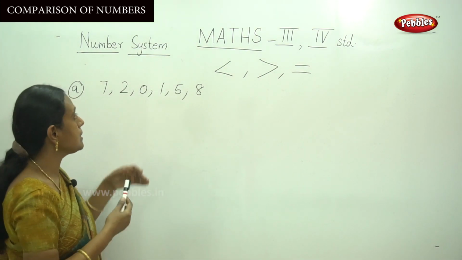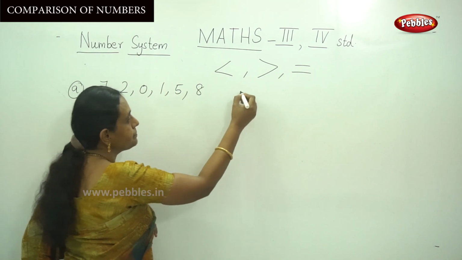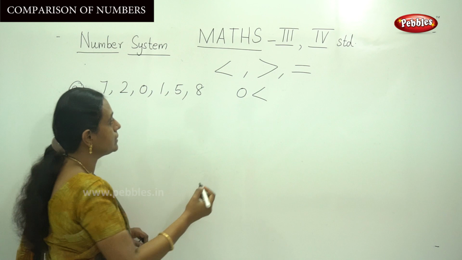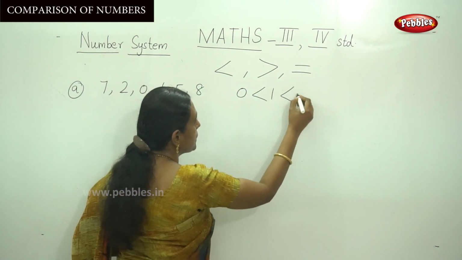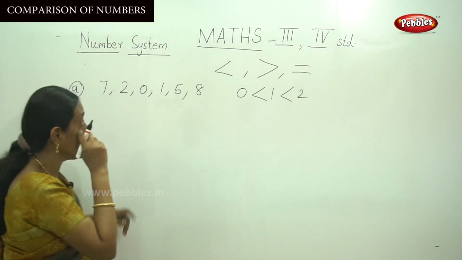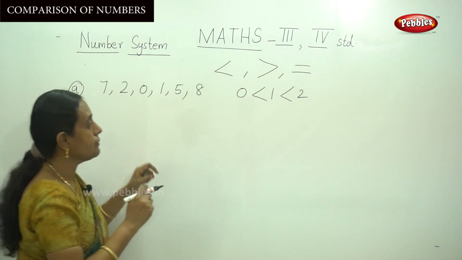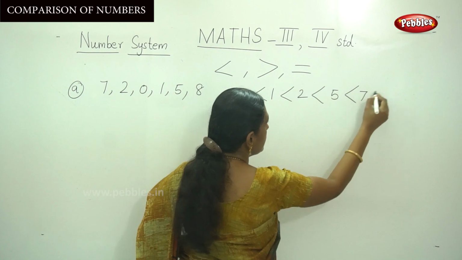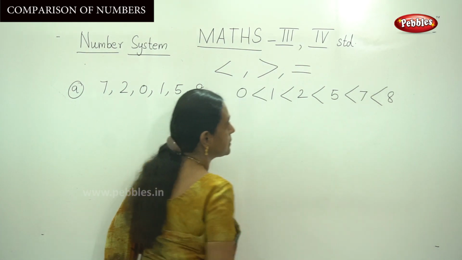The first number is 0, and the next one is 1, and the next one is 2, and 5, and 7, and 8.